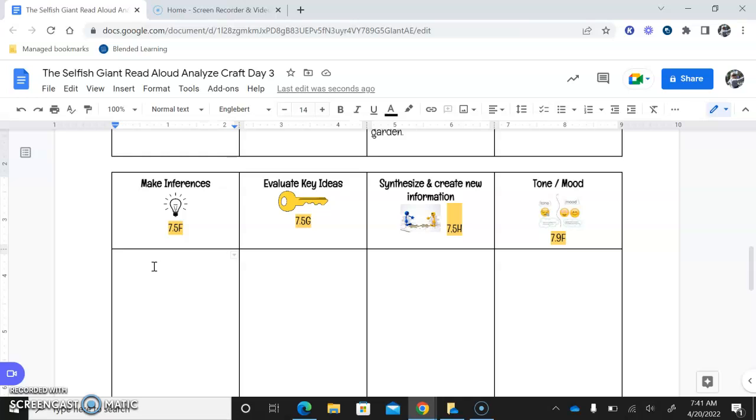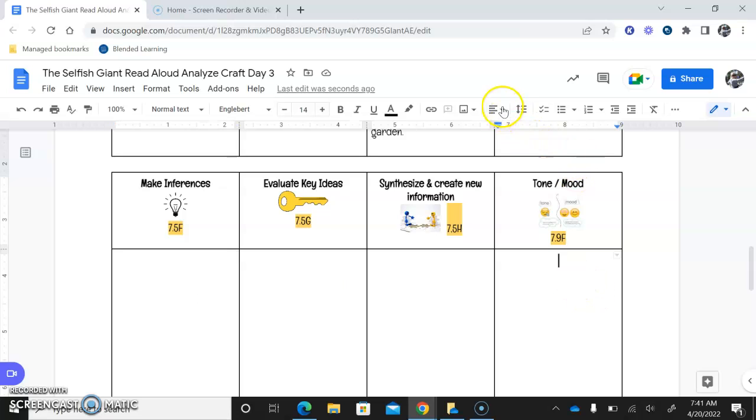You can go back to your own graphic organizer and see that and just move that information from here into this column. The same with evaluate key ideas. Those haven't changed from the last graphic organizer, and neither has synthesize and create new information. So these three boxes here, you can just take your information from the previous graphic organizer and just copy it into this one because they're the same.